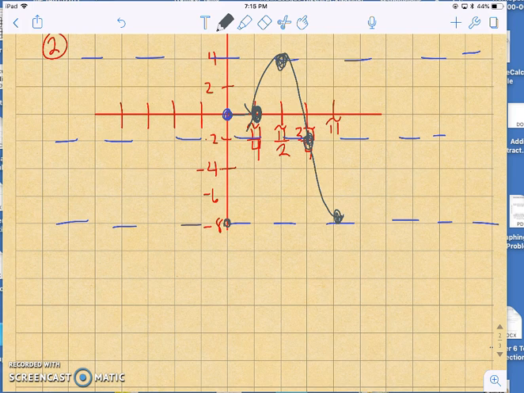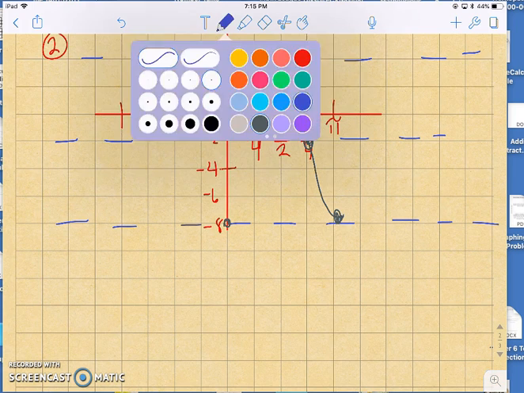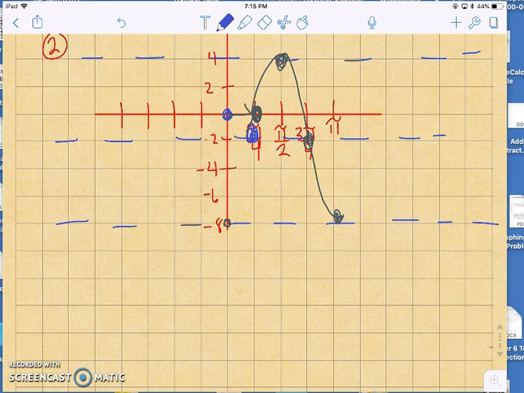Oops, my bad. I didn't start it in the mid. This should be the mid right here, because our midline is -4. I was going to say that looks a little bit off there. So then high, mid, low.